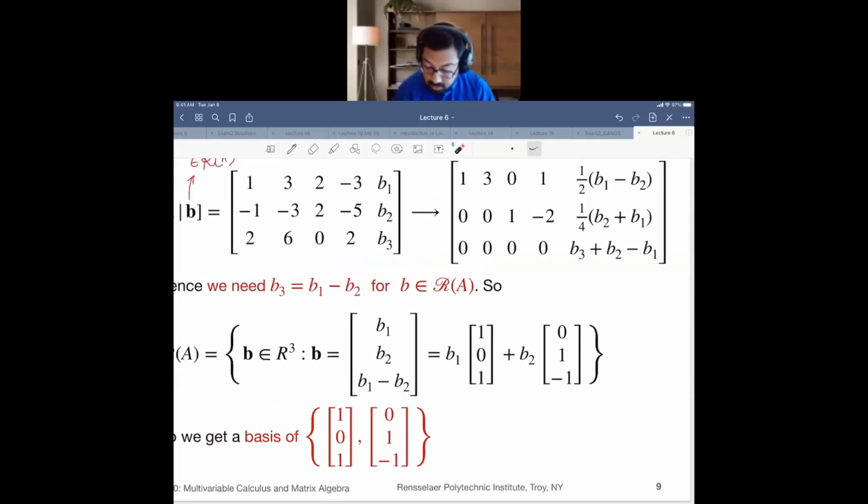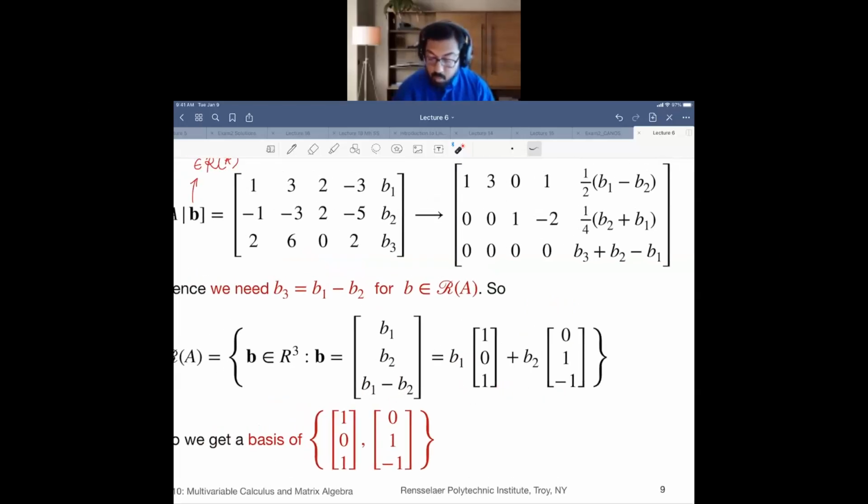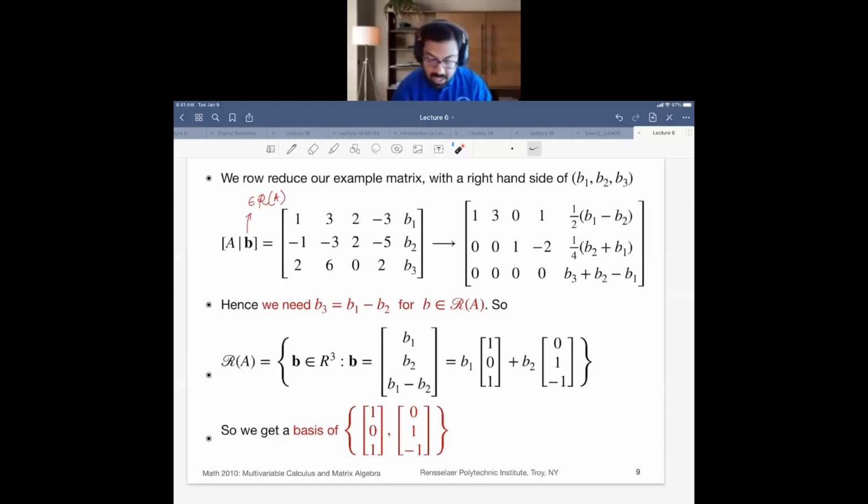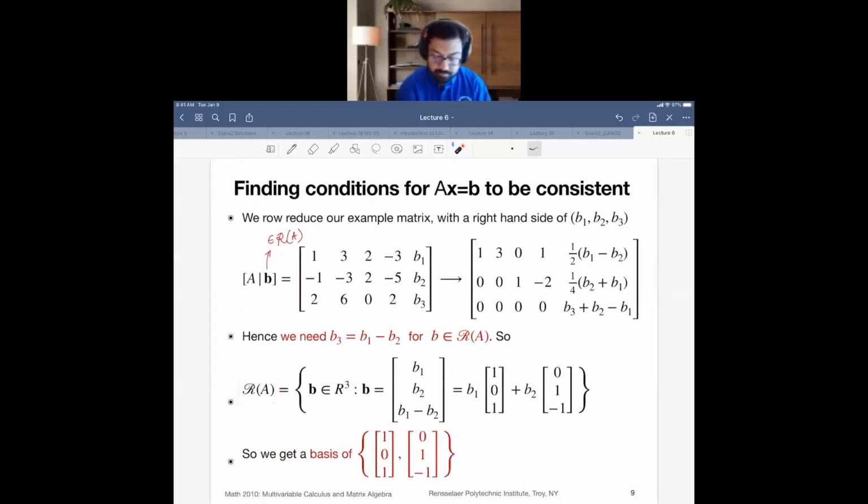So this is going to be a linear combination. What are my basis vectors? This guy and this guy, right? So that gives me a basis of 2 linearly independent vectors that span the entire range. You can take any linear combination of these two and get consistent solutions to the system of equations represented by that augmented matrix.